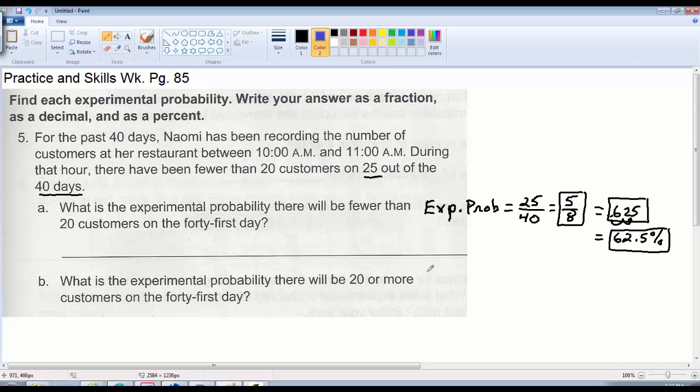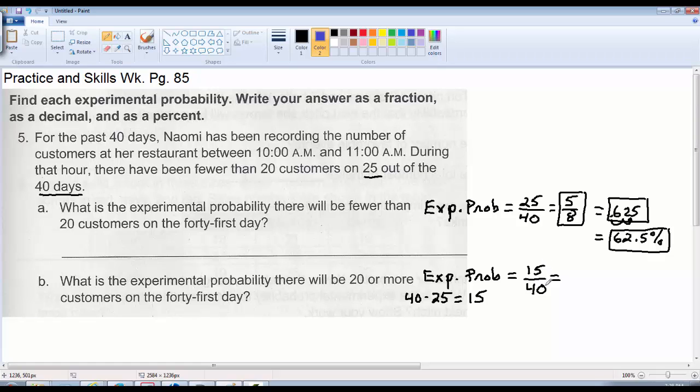So if our experimental probability above is for fewer than 20, then whatever we have left over, so if you take this 25 right there, and I go 40 and I take away 25, I'm going to have 15 customers that are left. So we're going to put that on the top right here. And remember what our total was. Our total was 40.